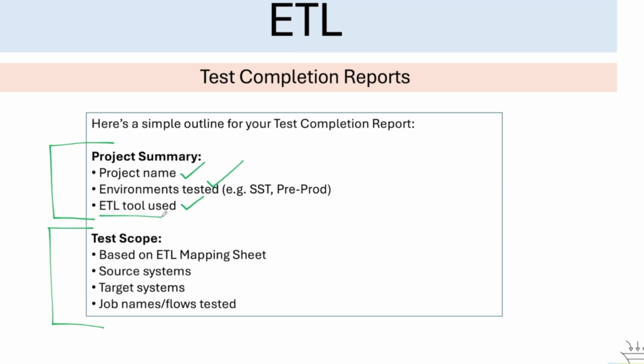On ETL tools, there is a separate video. Go to the channel and see the top 10 tools which manual testers or automation testers should or must know. Test scope is based on the ETL mapping sheet: which source systems and which target systems or entities were tested as part of the test completion, and what all job names and flows were tested.